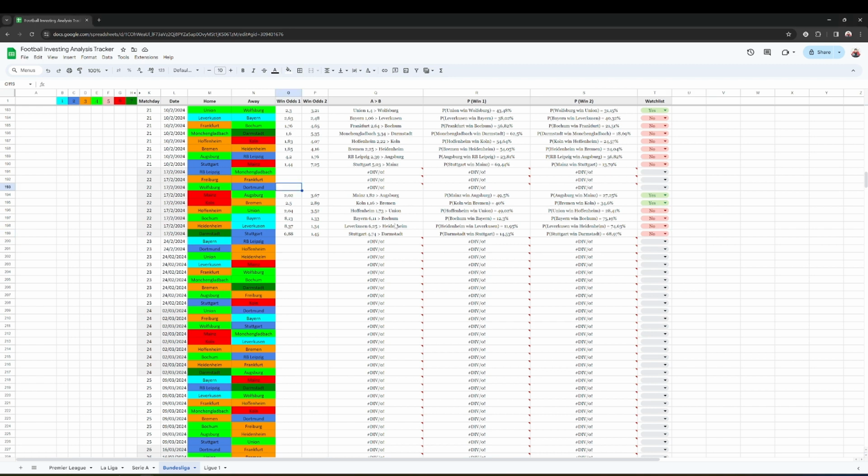Wolfsburg against Dortmund. Number 2, number 4, despite playing away, has to be better, and they are 3.2 for Wolfsburg and Dortmund 2.13. Yep, I'm okay with that. Leipzig against Mönchengladbach. Like Dortmund against Wolfsburg, but Leipzig playing at home. Leipzig being Leipzig, 1.38.